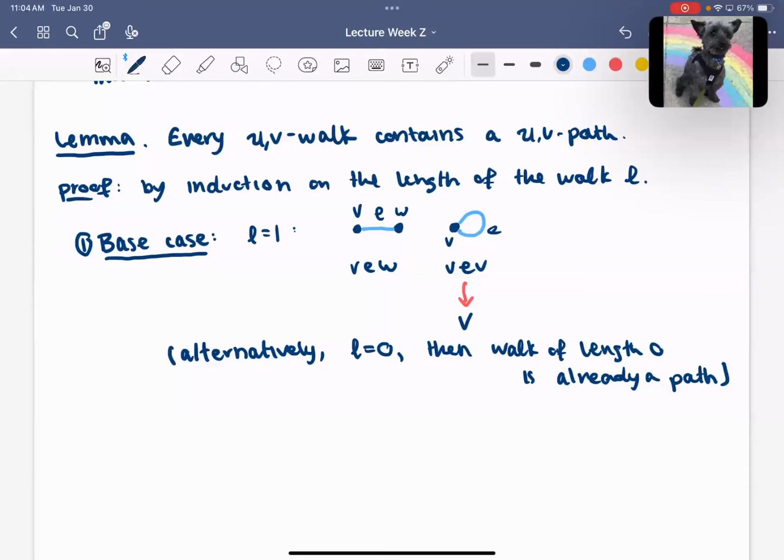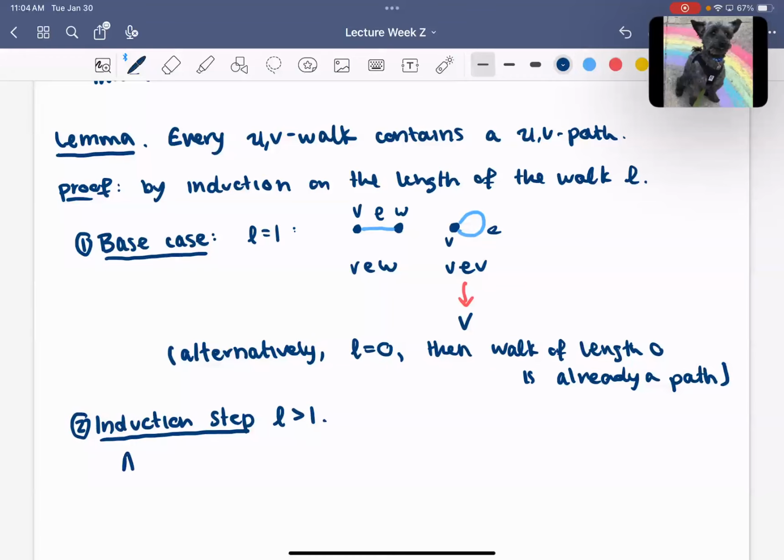Okay, so now we're going to do the induction step, part 2. This is for L greater than 1. We're going to assume the inductive hypothesis.